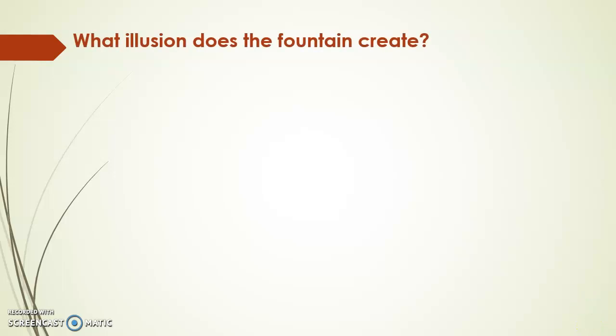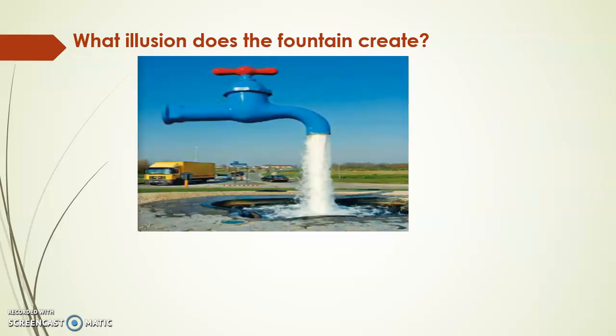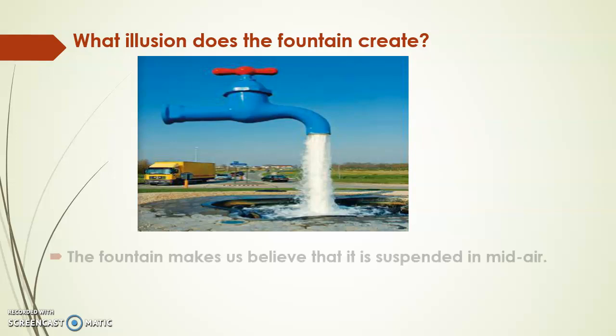Great, I'm sure you all have enjoyed your experiment. Now, the most interesting picture in my point of view, and the most puzzling picture of all for me. What illusion does the fountain create? How do you think the water fountain is suspended in mid-air like that?